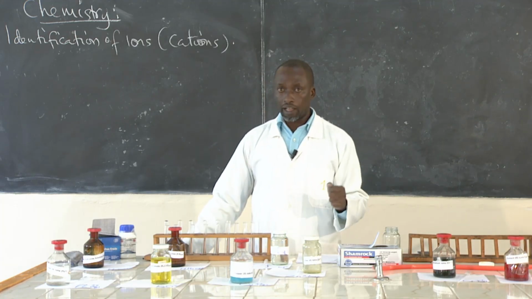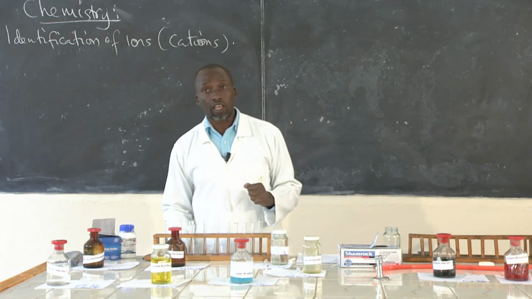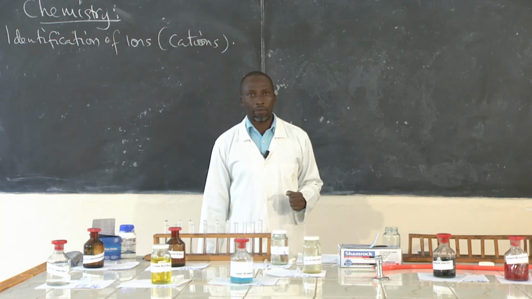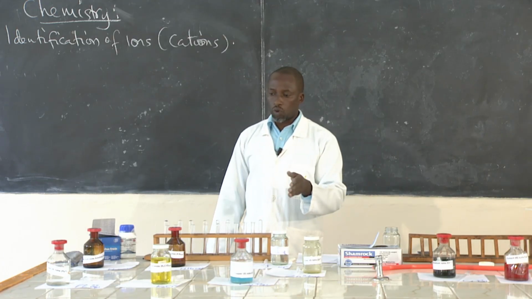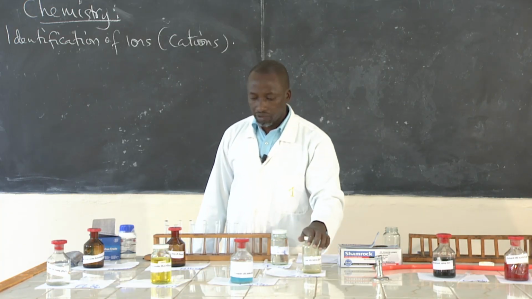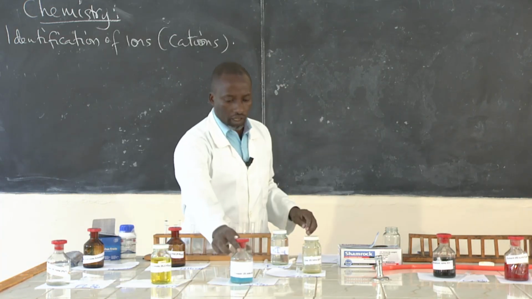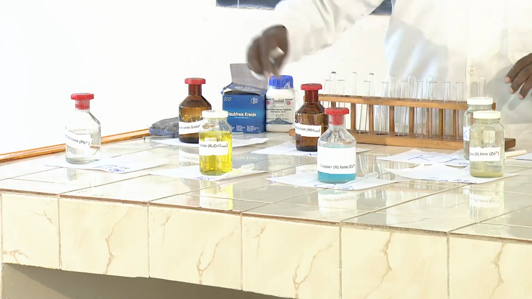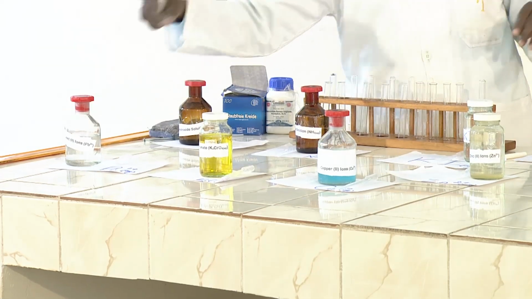I hope you still remember even the observations that were made. This time around, we are just going to look at zinc ions, copper 2 ions, and lead 2 ions.